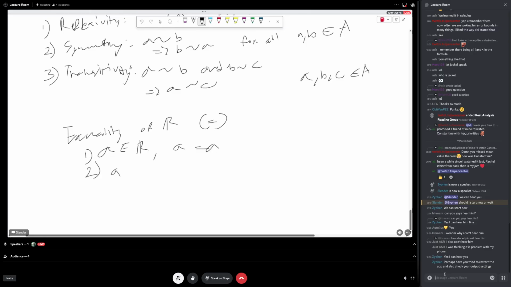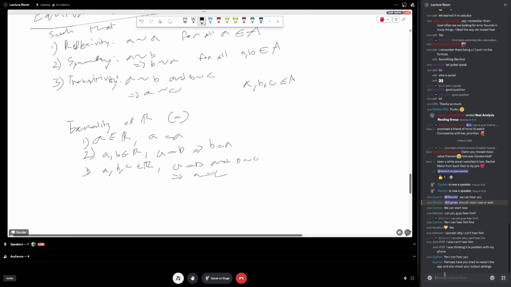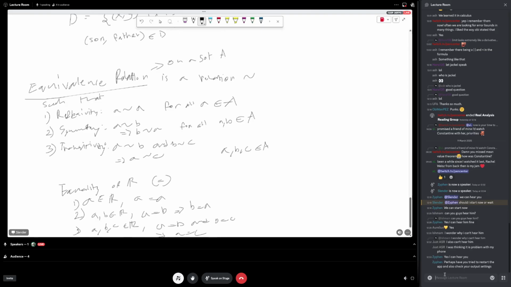Then if we consider real numbers a and b, if we have a equal b, then this also means that b is equal to a. Then we also have transitivity. If we have a equals b and b equals c, then we have a equals c. So that's an equivalence relation.